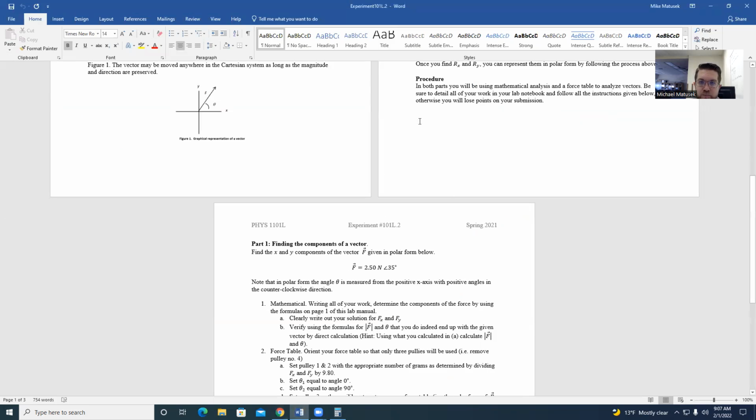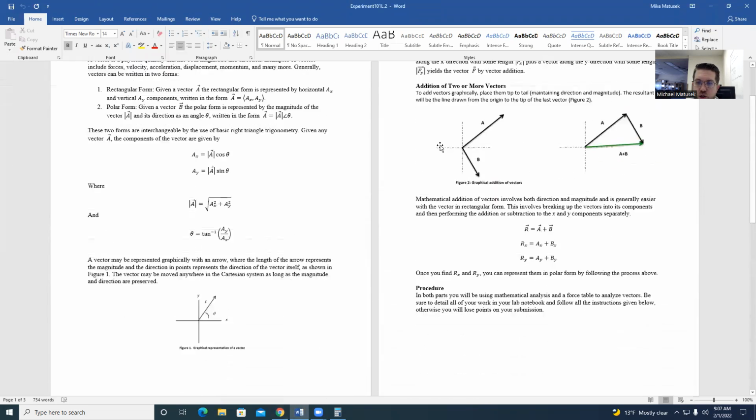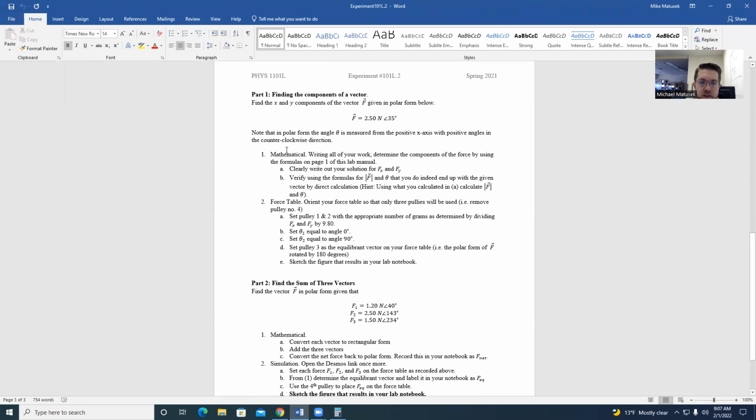So in this lab, there's two procedures. The first is you're going to be converting this polar force vector into component form using mass instead of newtons. So we would divide this by 9.8. I want to see all of your work in that conversion in your notebook.